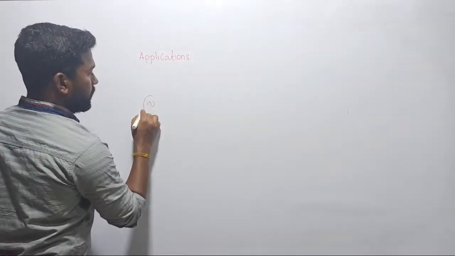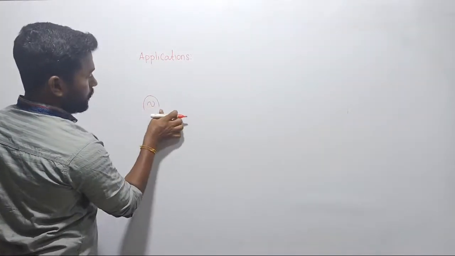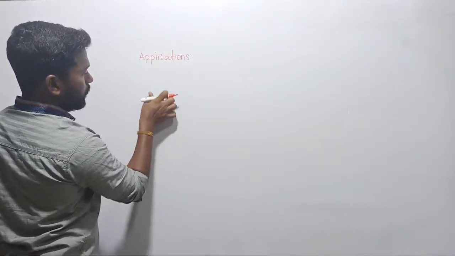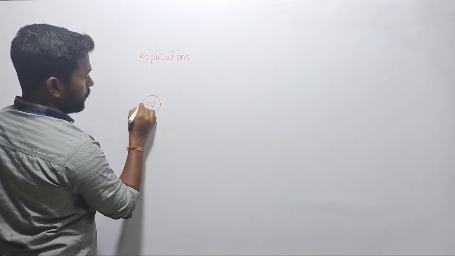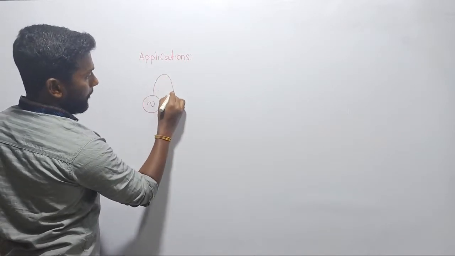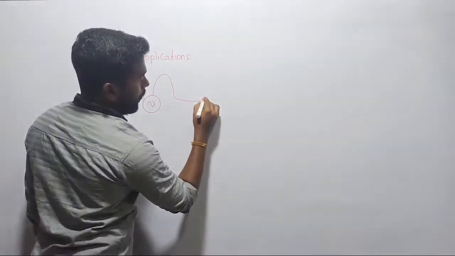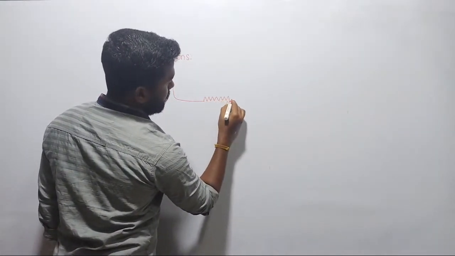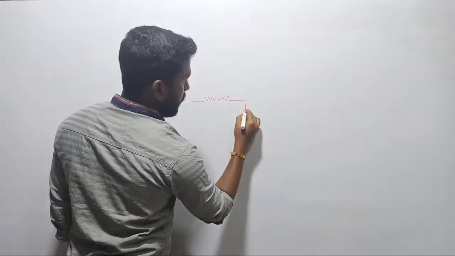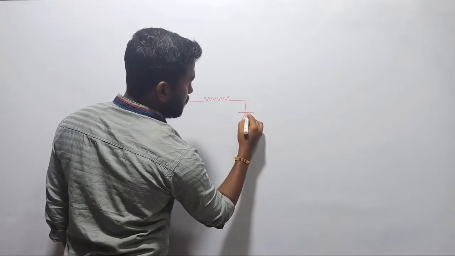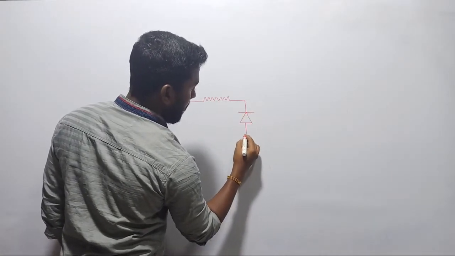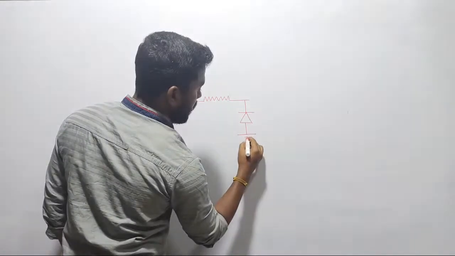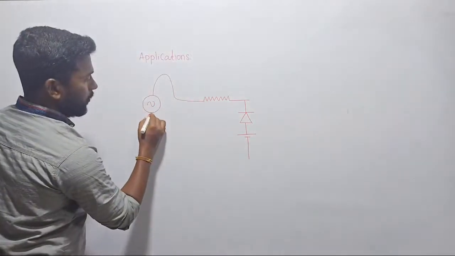Once again, let me take some input signal. Let me consider some resistance. Okay, let us consider some diode here. Let me connect some battery also for a better understanding.